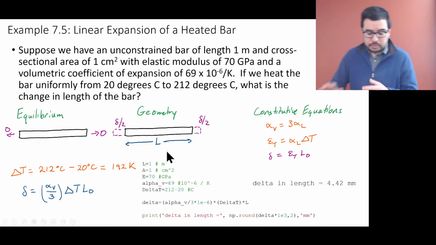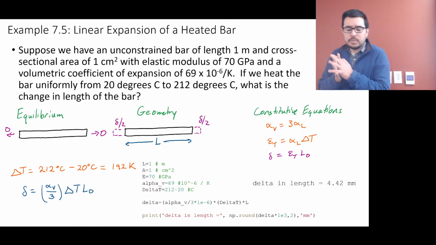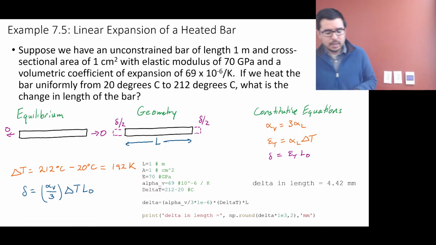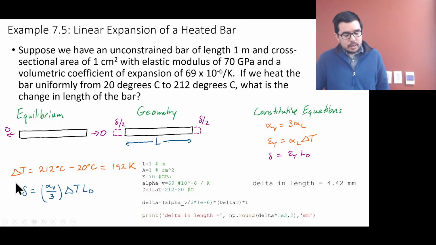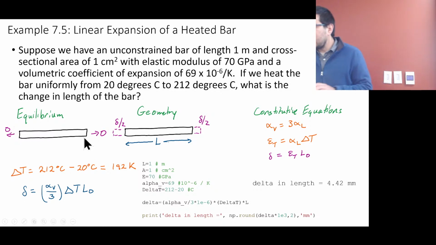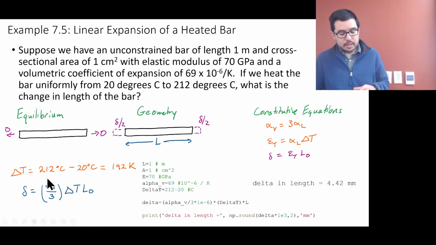So now, let's look at the linear expansion of a heated bar. Here, we have a bar. It's going to have 0 stress in it, and we can apply a temperature.